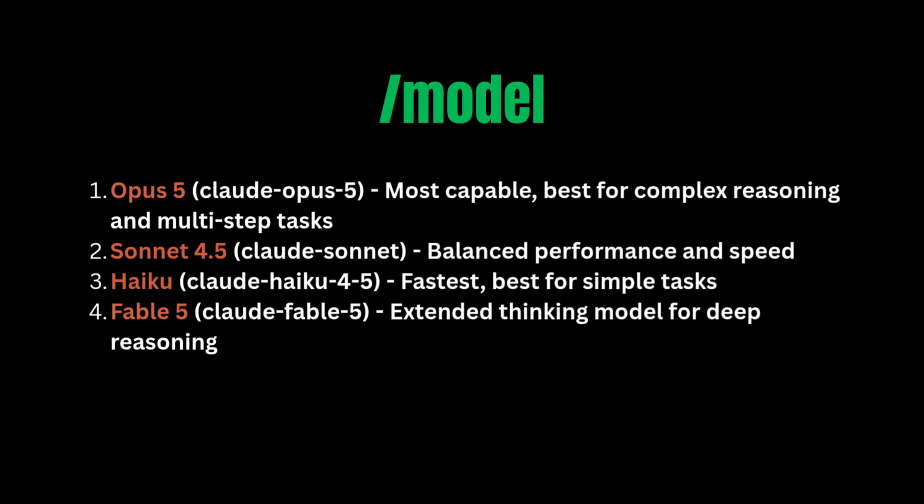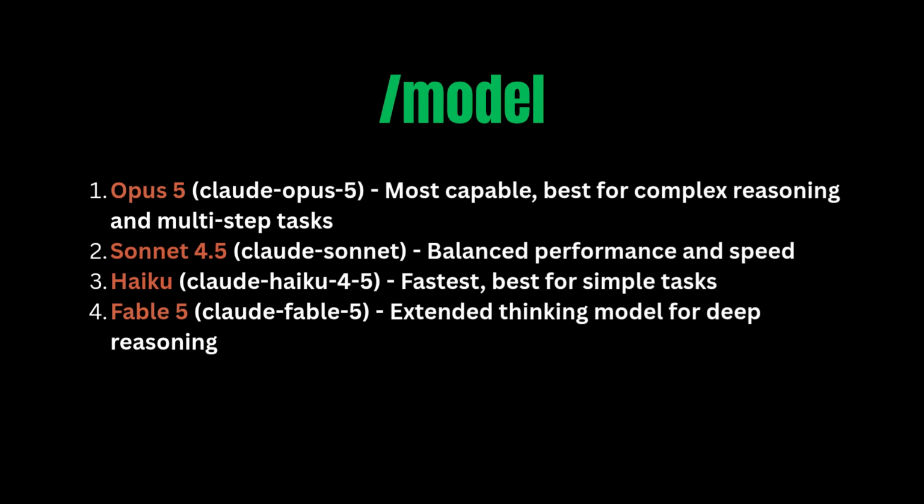So Opus is usually the most capable kind of model, and it is best for complex reasoning and multi-step tasks. When you are not aware about your task, and you want to start the analysis first, you want to go on a plan mode first before executing anything.